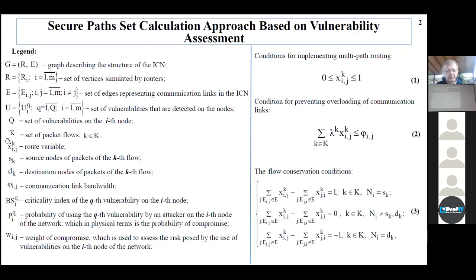We have conditions for implementing multipath routing, as you see in expression number 1. Also, in the framework of our model, we use conditions for preventing overloading of a communication link. It is expression number 2. In addition, the flow conservation conditions are introduced for the routing variables, as you see in expression number 3.